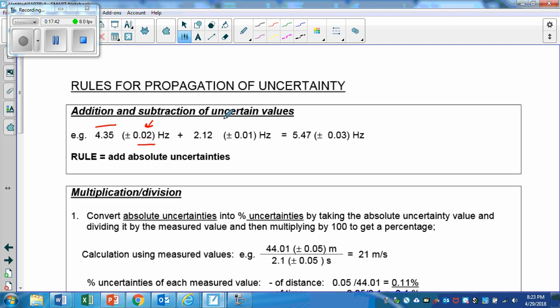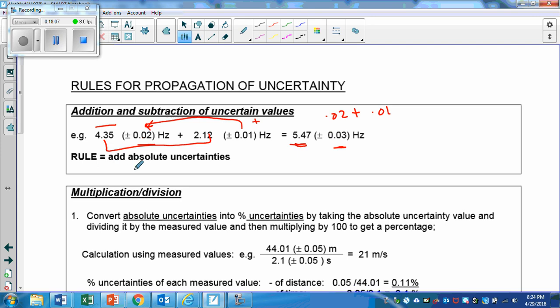When I add these two numbers, I will add the uncertainties, so 0.02 plus 0.01. When I add these numbers, this is my total frequency in hertz, and this is the uncertainty.